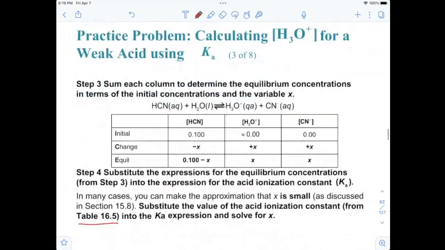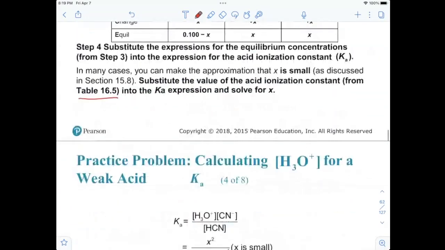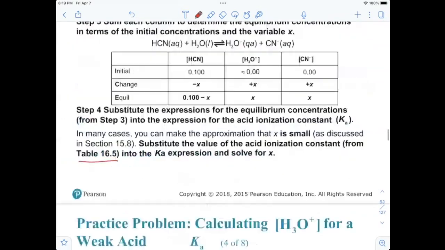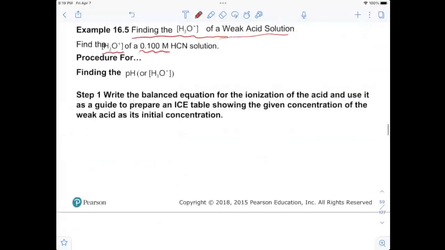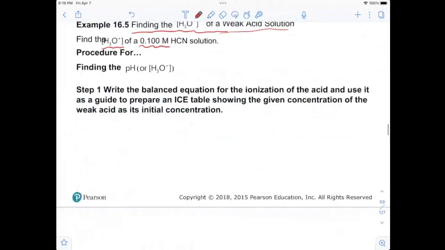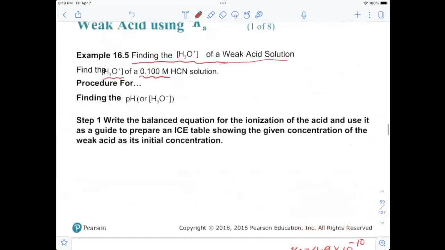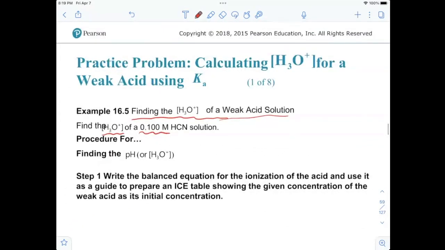It has to be somewhere here. Oh, 4.9 times 10 power negative 10. Okay, so Ka, I'll write it here. Ka is 4.9 times 10 power negative 10. Okay, when you're writing out your acid equilibrium, we're working with a weak acid.